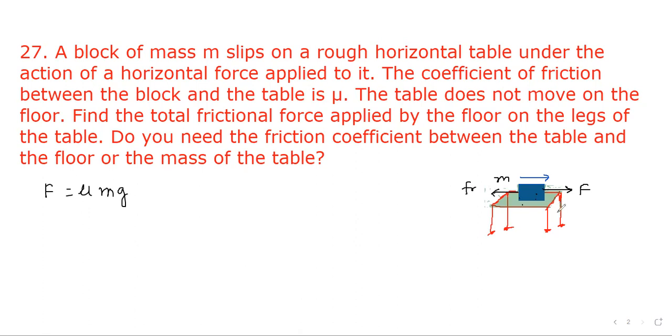So because of that frictional force, table must move. Since table is not moving, it means between the ground and the legs of the table, the same force is acting.